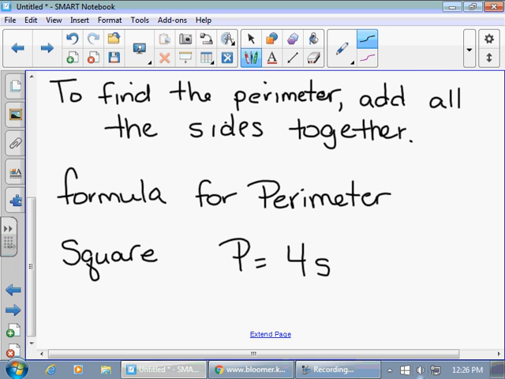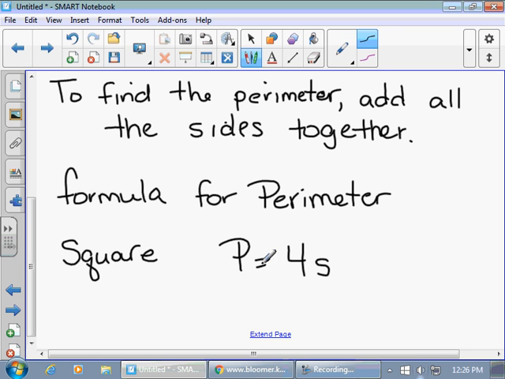What's the difference between a square and a rectangle? Okay, so help me go back now. What do I know about a square? It has 4 equal sides. You kind of got it after I asked you what the difference between a rectangle and a square was. But remember, a square has 4 equal sides.